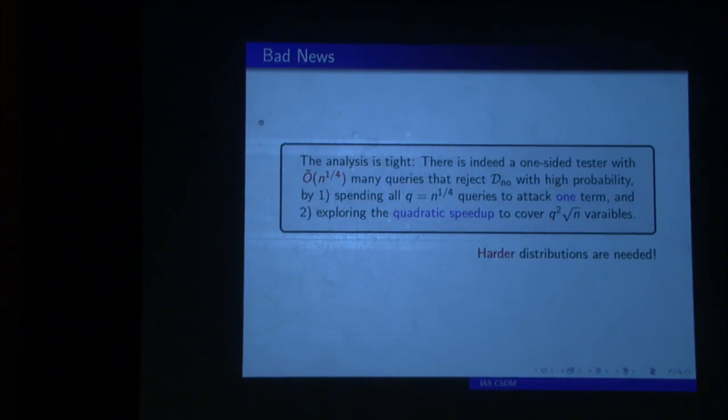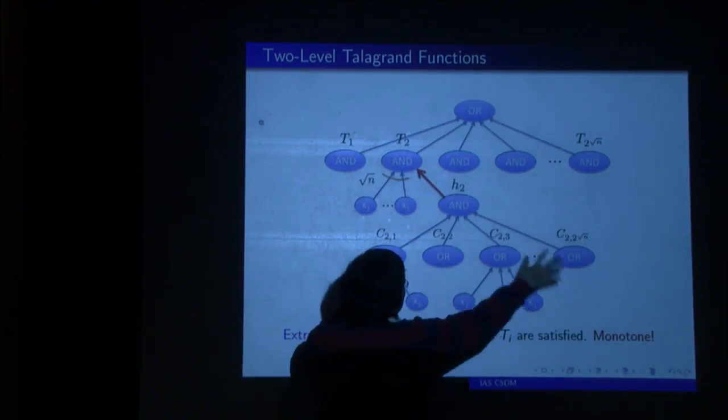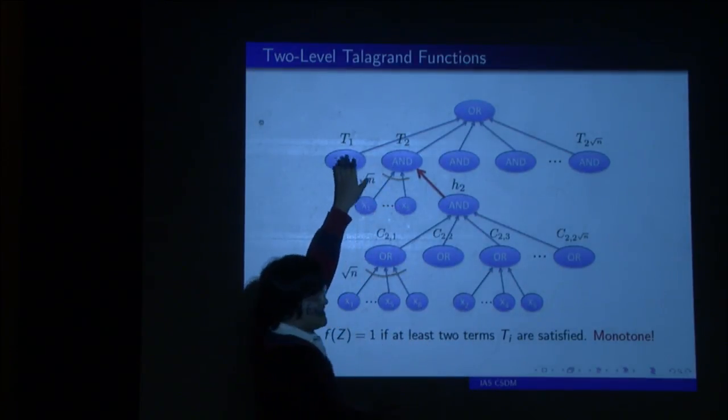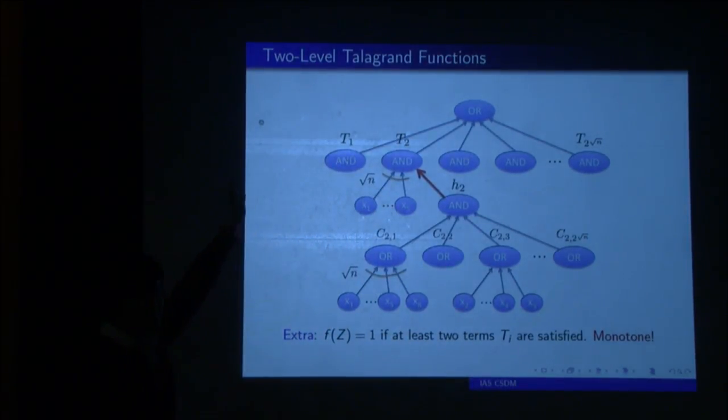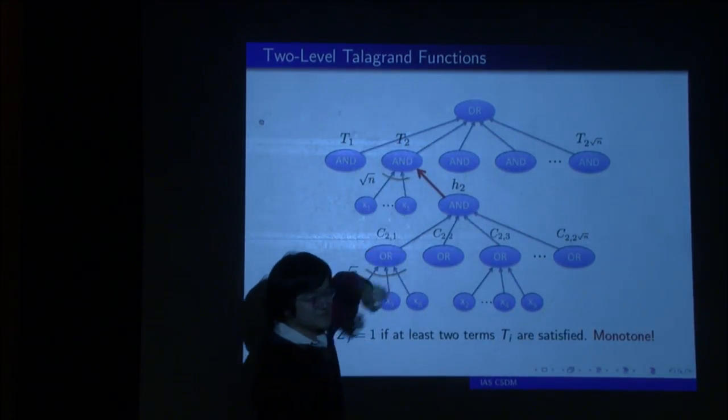So we definitely need harder distributions. And the one we used is this kind of like two levels of Talagrand functions. So let me define this function for the yes case. For now, let's forget about this second layer. The first layer is exactly a monotone Talagrand random DNF. Everything is the same. So to output 1, you have to satisfy one of the terms.